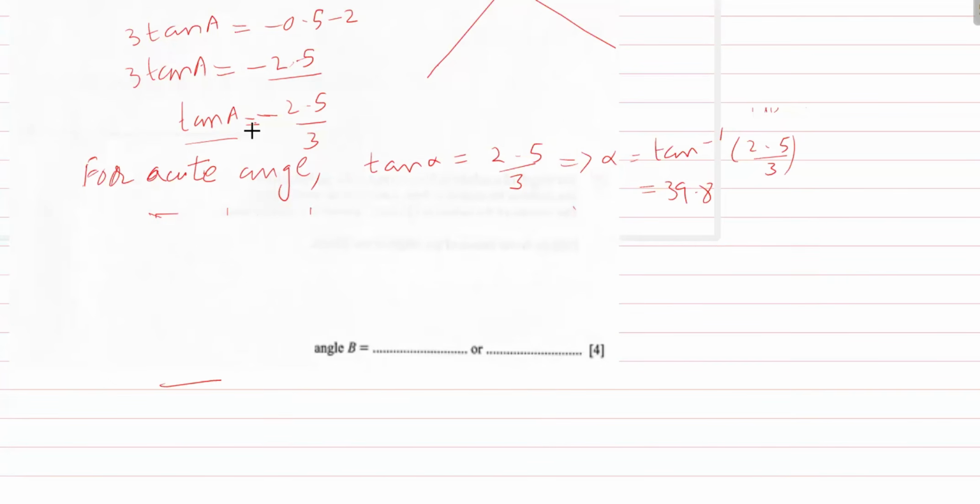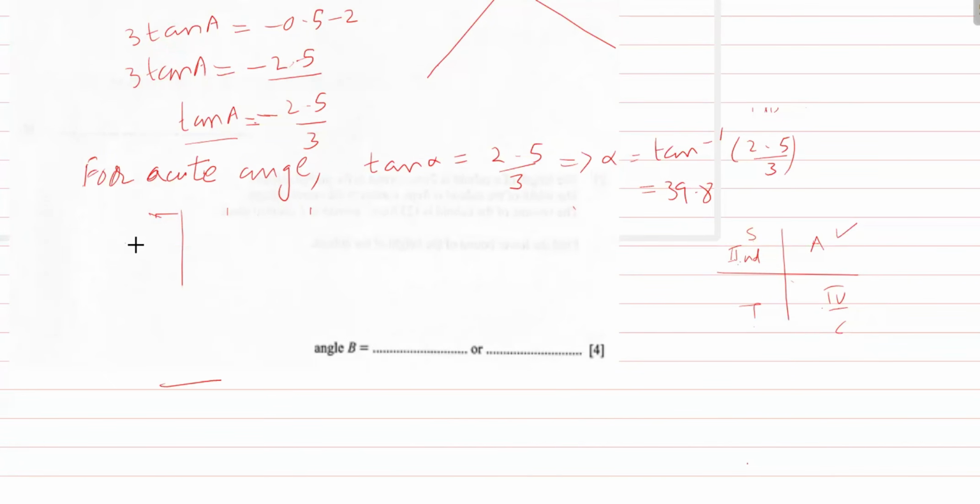Here tan A is a negative value, therefore angle A will be negative. Tan negative lies in the second and fourth quadrant. According to this formula ASTC, in the first all are positive, in the second sin is positive, in the third tan is positive, and in the fourth cos is positive. All others are negative. Therefore, here tan is negative in the second, and in the fourth tan is negative.